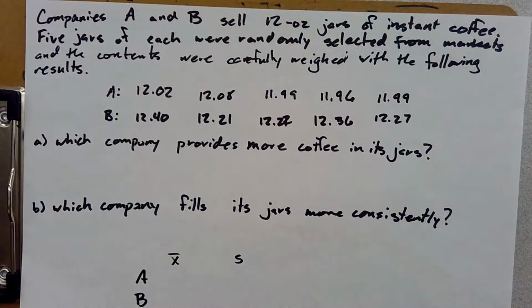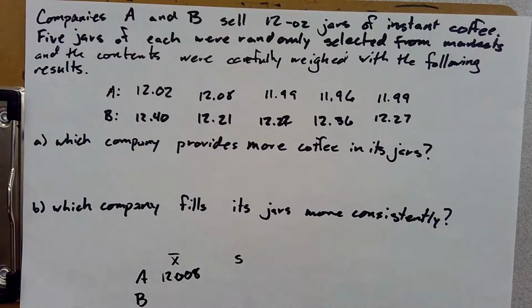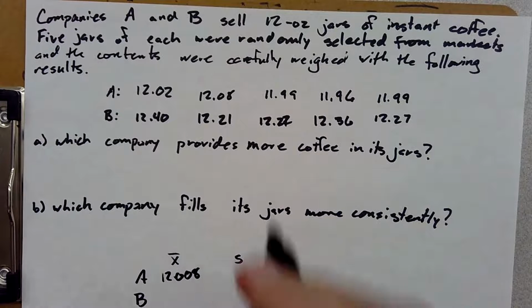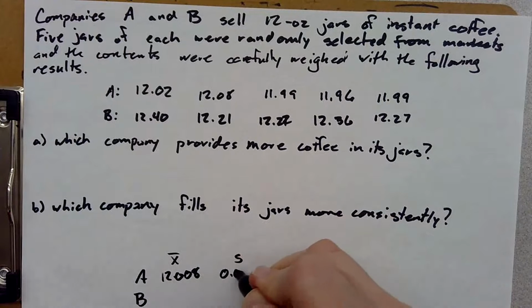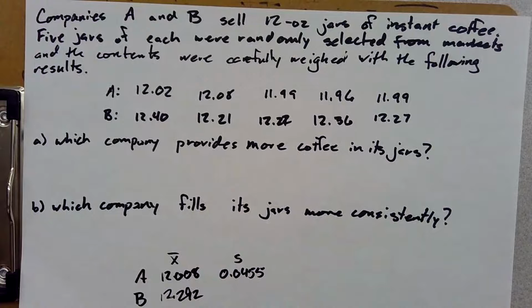So for Company A, X bar is 12.008 and S is 0.05455. And for Company B, we've got X bar is 12.292 and S is 0.0847.